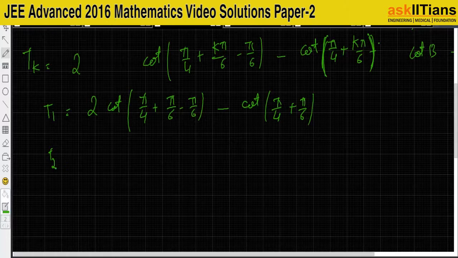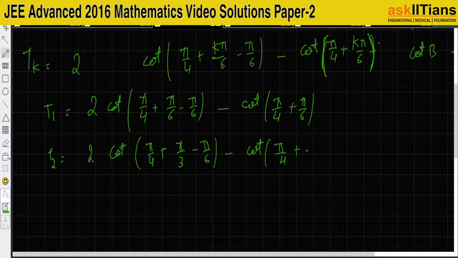Then what will be the second term? If I put k equal to 2, I'll get 2 times cot of pi by 4 plus 2 pi by 6, that is pi by 3, minus pi by 6, minus cot of pi by 4 plus 2 pi by 6.